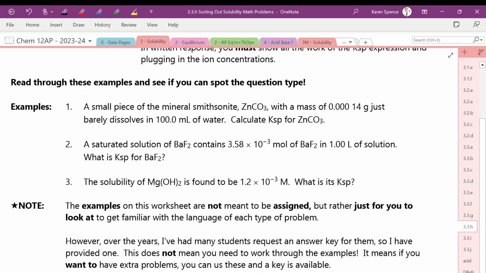Example number 1. You might need to calculate the KSP. How would you do that?